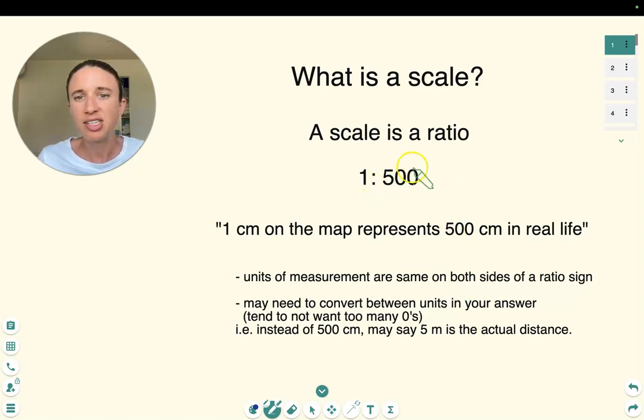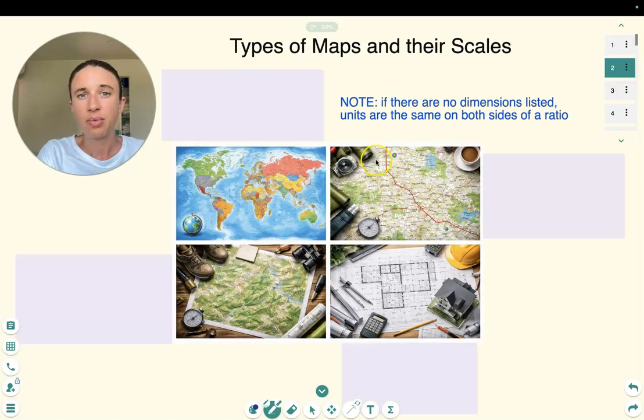So you might even see this right-hand side expressed as, say, 5 meters, right? It might say 1 centimeter represents 5 meters. But if there's no units listed, it's the same on both sides. So it could be 1 centimeter is to 500 centimeters, 1 kilometer is to 500 kilometers, something like that.